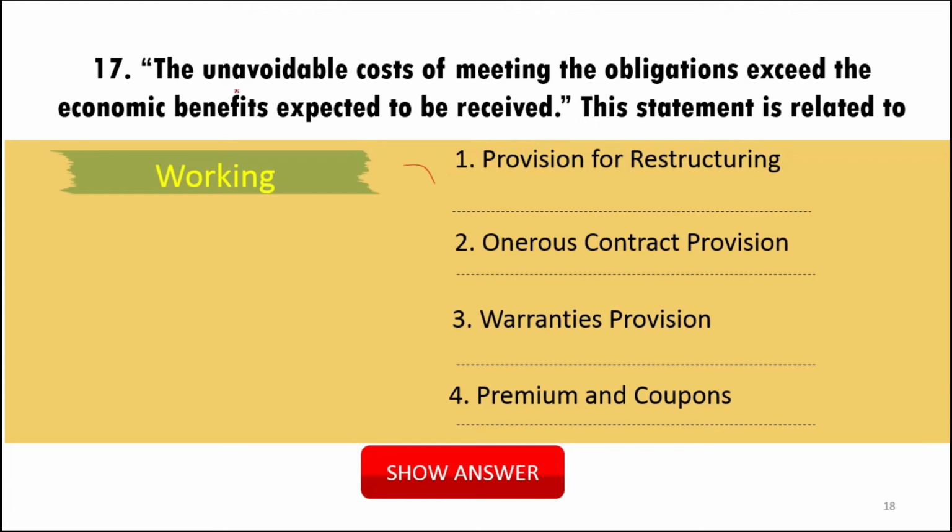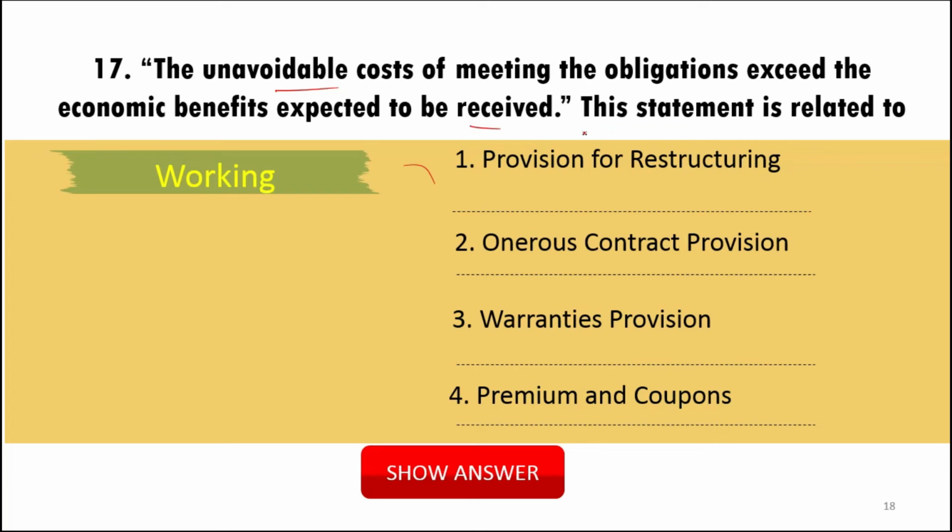17. The unavoidable cost of meeting the obligations exceeds the economic benefits expected to be received. In case of meeting the obligations, the cost of meeting the obligations is sometimes more than the benefit that we receive. So what do we call this cost?